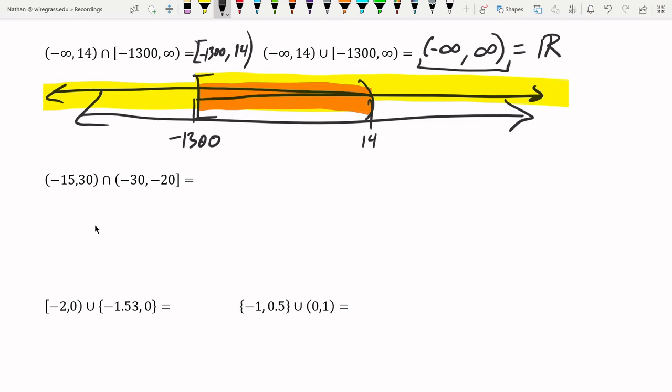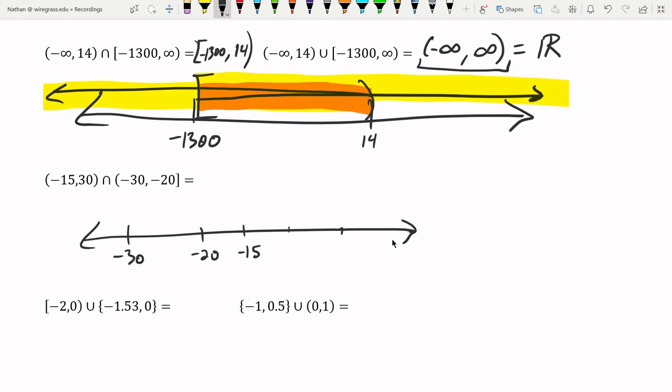Okay, next one. We have negative 15. Let's see, negative 30 is the smallest value first, then negative 20, negative 15. Just trying to be somewhat accurate here. Negative 10, 0, 10, 20, 30 is somewhere up here.